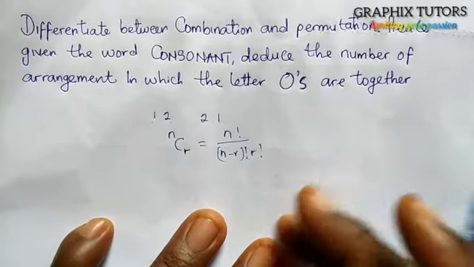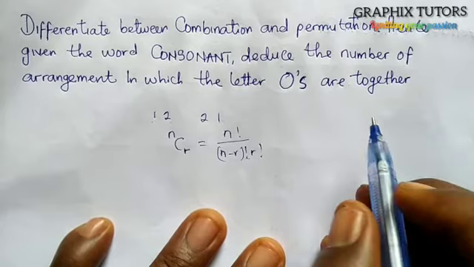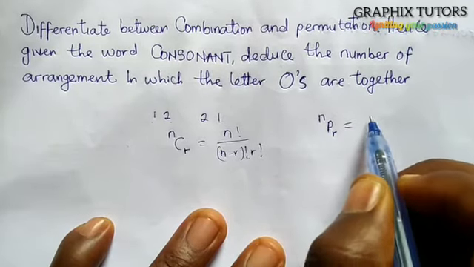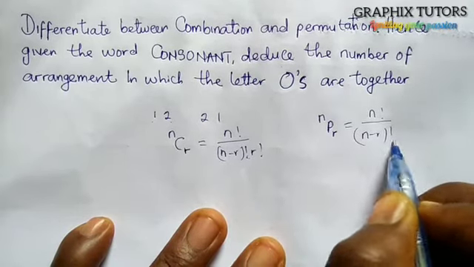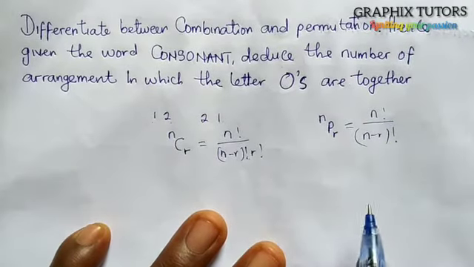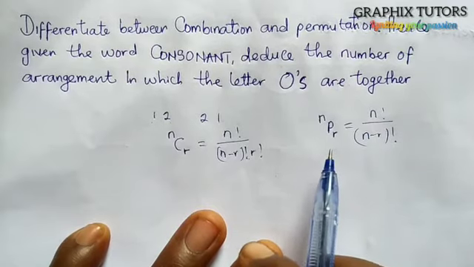So arrangement, the order matters in permutation. And permutation, the formula is telling us that if you have n permutation r to give us n factorial all over n minus r factorial. Now, in these things I just said now, you put them in tabular form and you differentiate them. Now go to what really matters now.